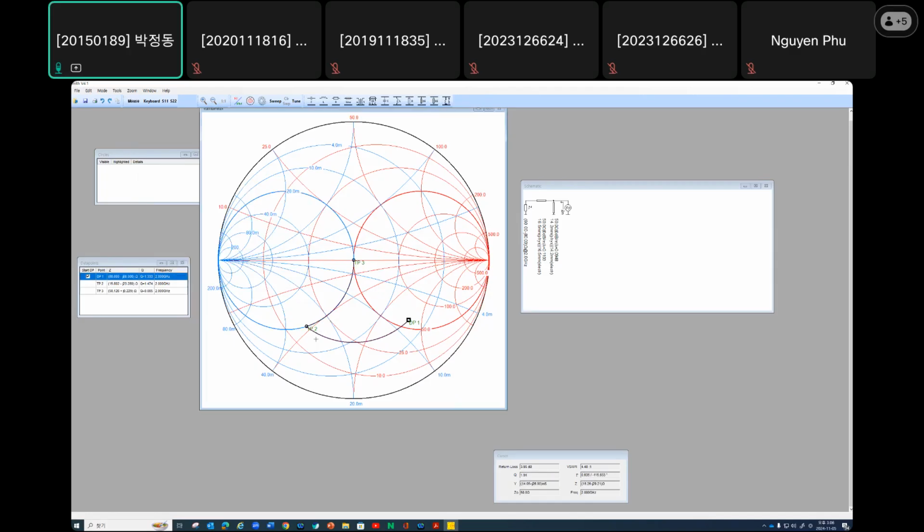Another important observation is that whatever it is, the shorter the stub, the lower the insertion loss. Second, do not try to use a short stub. Open stub is always choice one. Why? Because if you use a short stub, you have to make a via for gallium nitride.